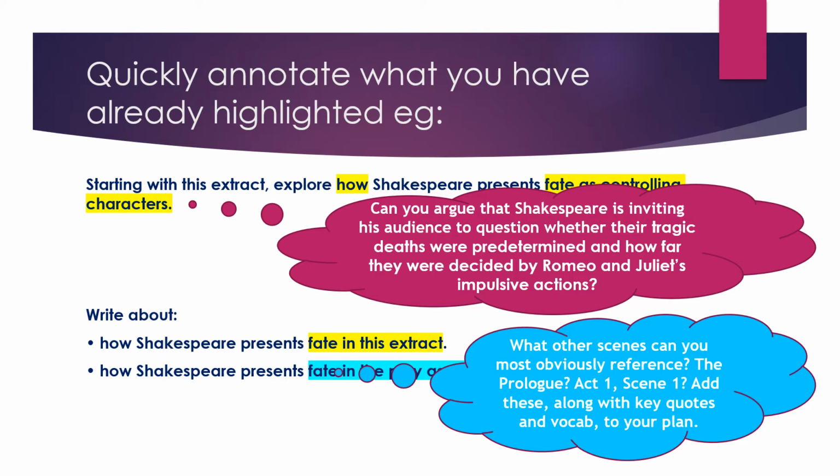So you might think, oh, actually, I know, for example, that there are references to fate in the prologue. I know that I can reference fate perhaps in Act 1, Scene 1. If you remember, the Capulet servant is out delivering invitations to the Capulet ball, but this servant is illiterate.